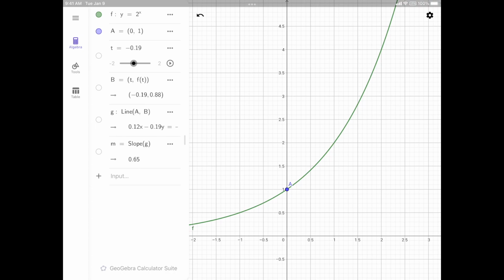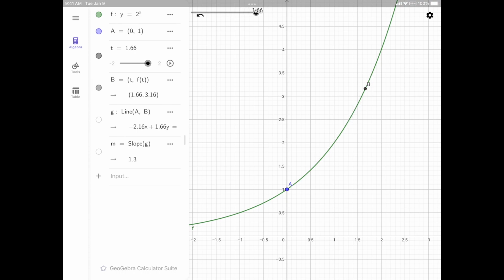Could be any number. And based on the t value, I can find another point, (t, f of t). That's point B. So if I move t, B moves with it.